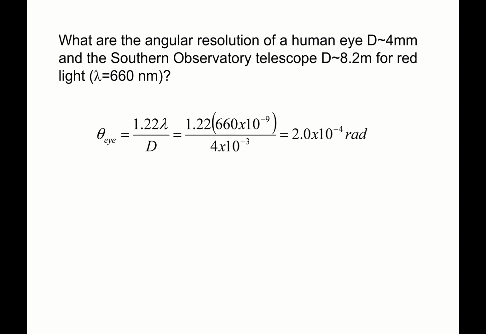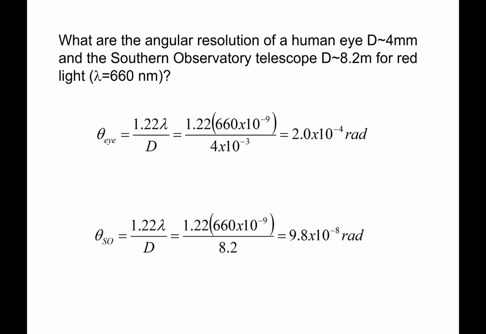My lambda is 660 nanometers, so that's 660 times 10 to the minus 9 meters. The diameter of the pupil is 4 millimeters, 4 times 10 to the minus 3 meters. And so I get an angular resolution of 2 times 10 to the minus 4 radians. That's a pretty small angle.